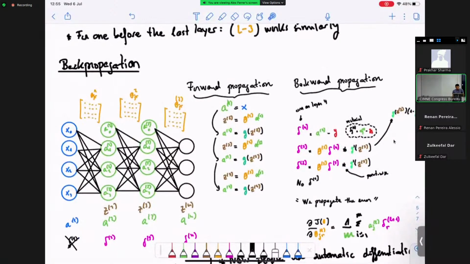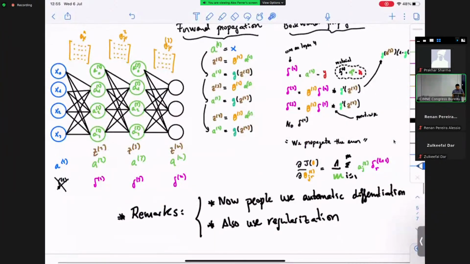So what else? We propagate the error with backward propagation, because we go from the right to the left. And then we use a stochastic gradient. Also, we can use regularization. We have to use a regularization, different kinds of regularization.